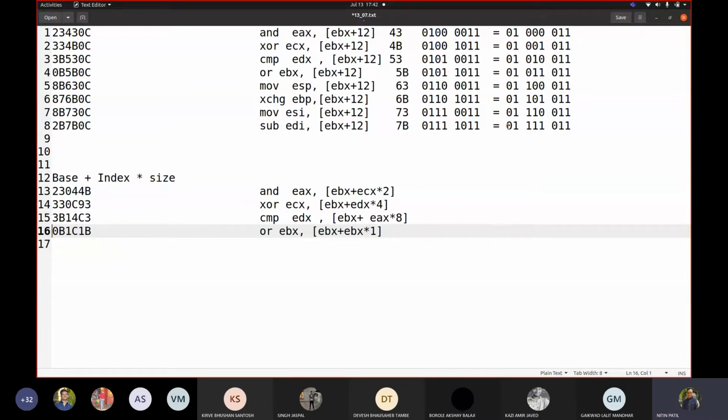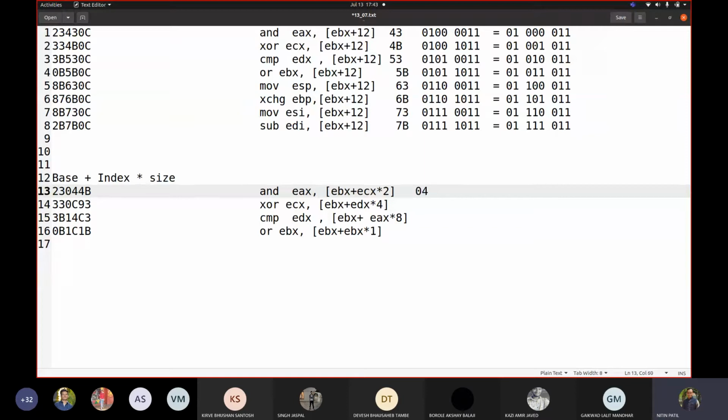Let us try concentrating on this 23. So 23, 33, 3B, 0B would be the code of them. You can see here 23, 33, 3B, 0B. So they are opcodes, correct? Now we got 43. Now we are getting 4. It was EBX plus 12. Now we are having something different. So let us concentrate on that 04.